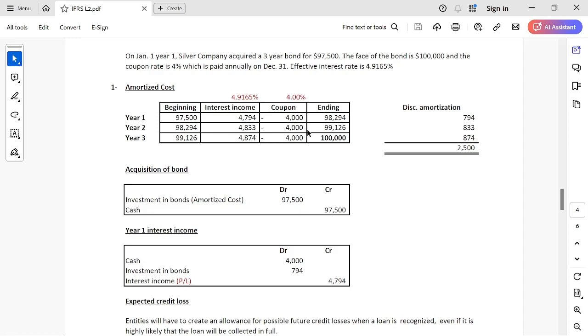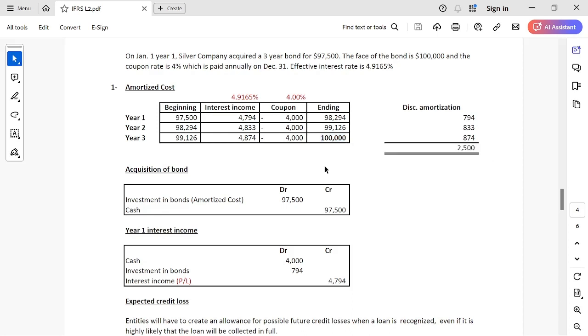So 4,794 minus 4,000 gives me 794, and so on. We can see it's the difference. And this is how we amortize the discount to reach an amount of 100,000 that we are going to receive from the issuer at maturity.